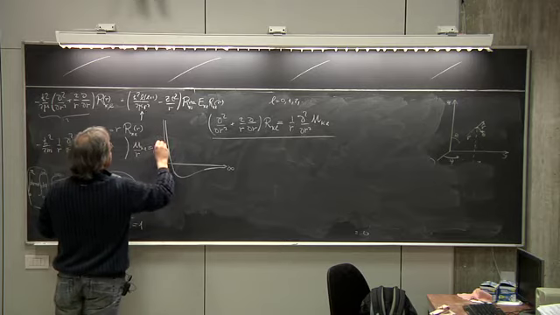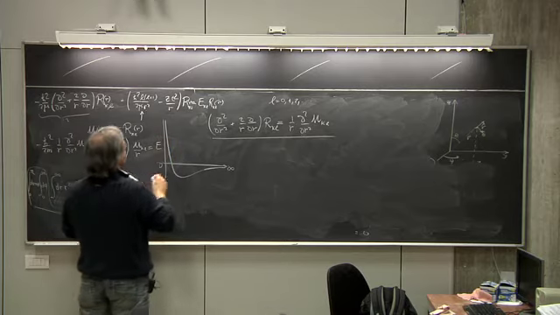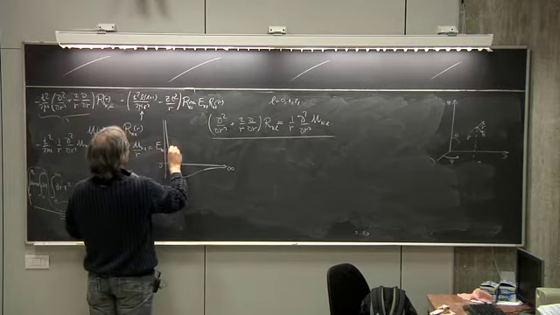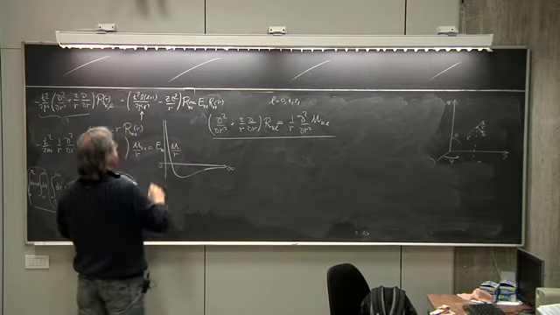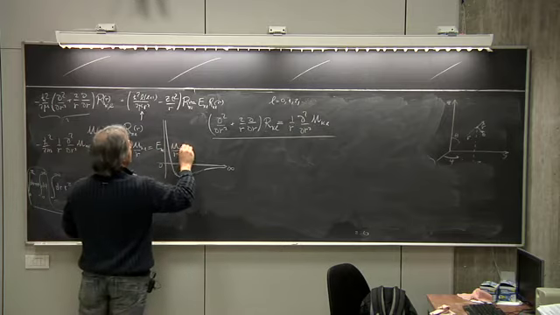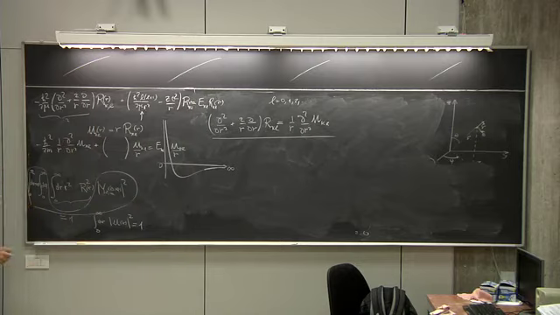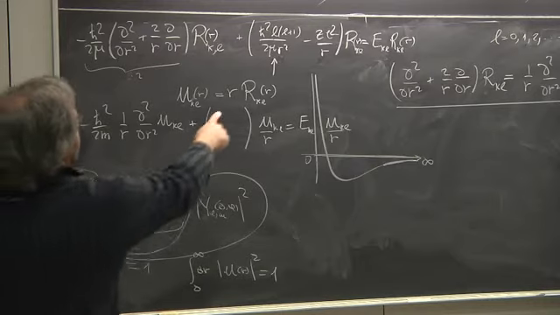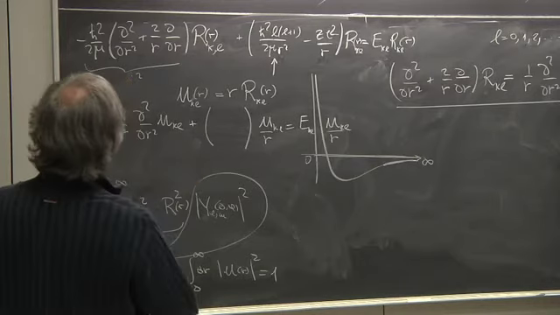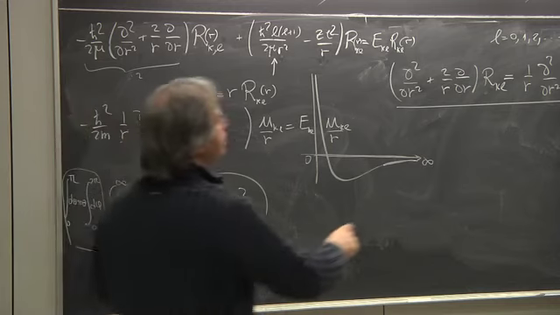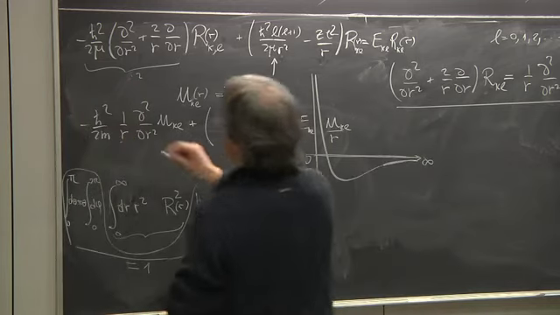And the same appears for E, which is u over r. I have substituted wherever I have r, u over r. And now you see that this 1 over r, which appears there, is in fact going away.